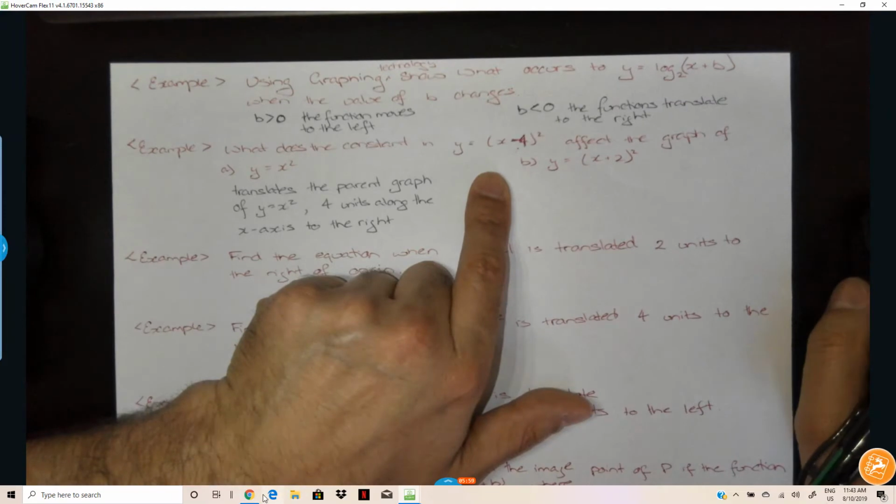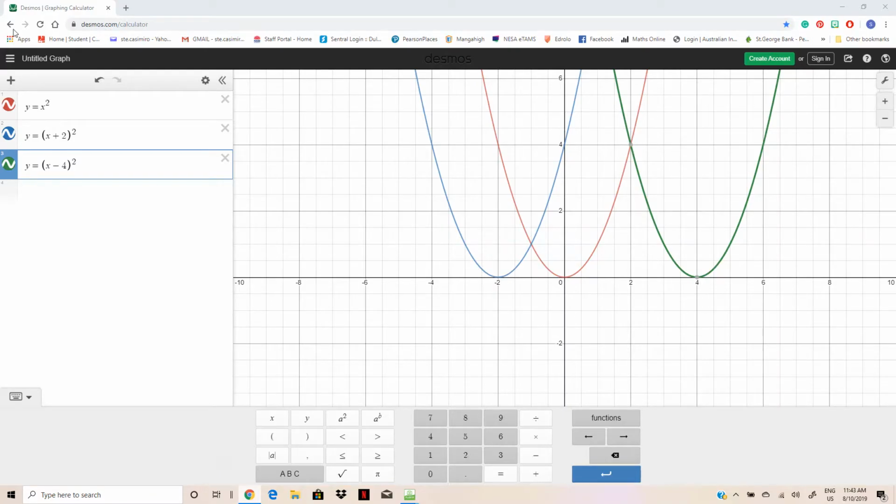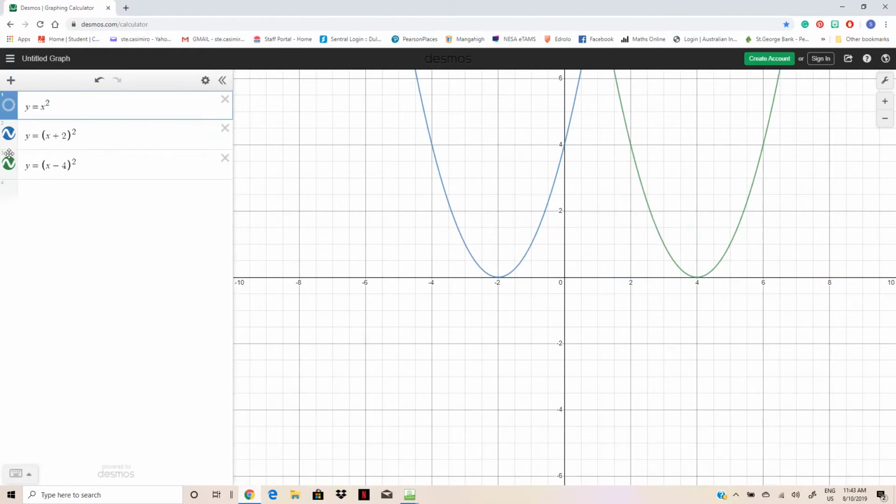So this is the graph I want. There I have y equals x plus 2, so I've moved it 2 units to the left, but I now have x minus 4. This constant changes to minus 4. And so what's happened is it's translated 6 units to the right. I started here, and I've now moved it to here, so I've translated it 6 units to the right.